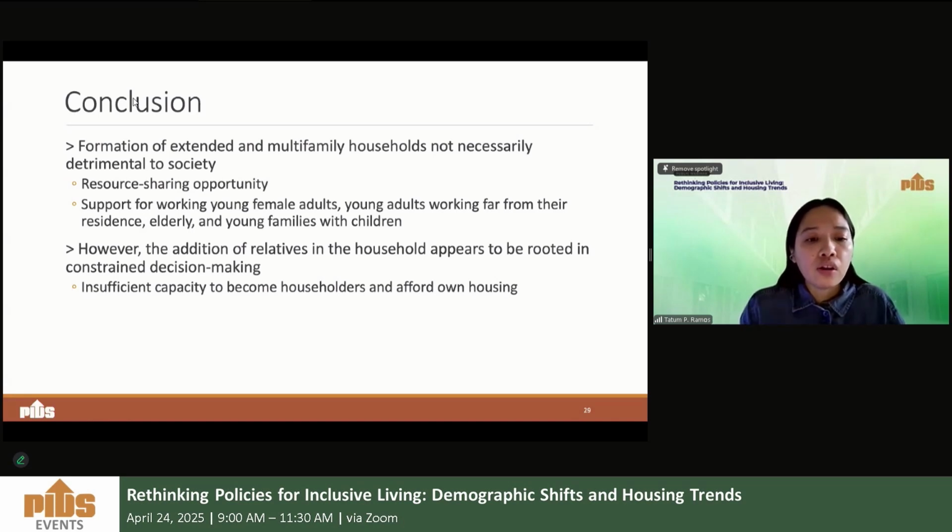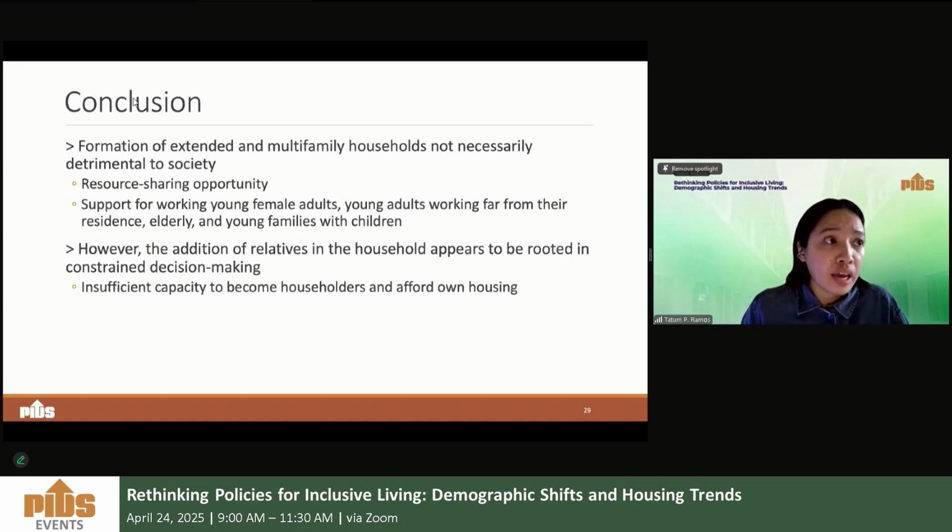This household type also provides support for working young female adults who may not necessarily have the same amount of time or cannot put the same amount of effort in household management activities as before. The household type also provides support for young adults working far from their residence.